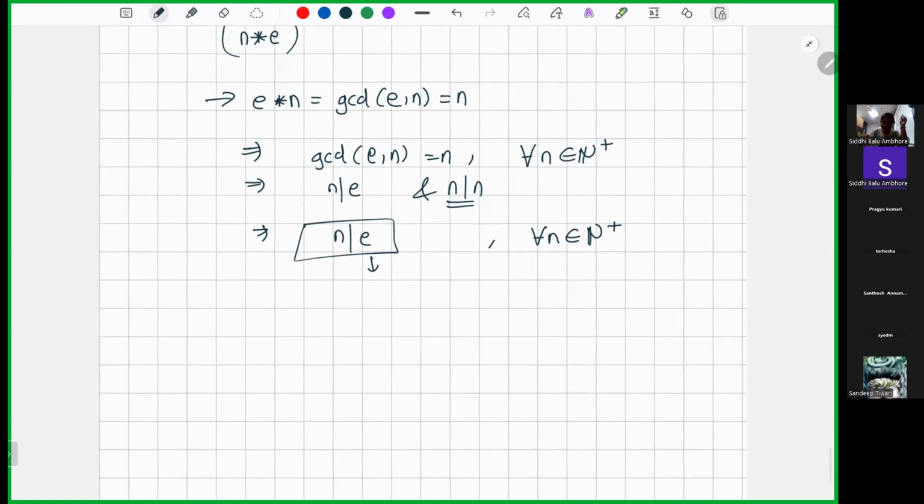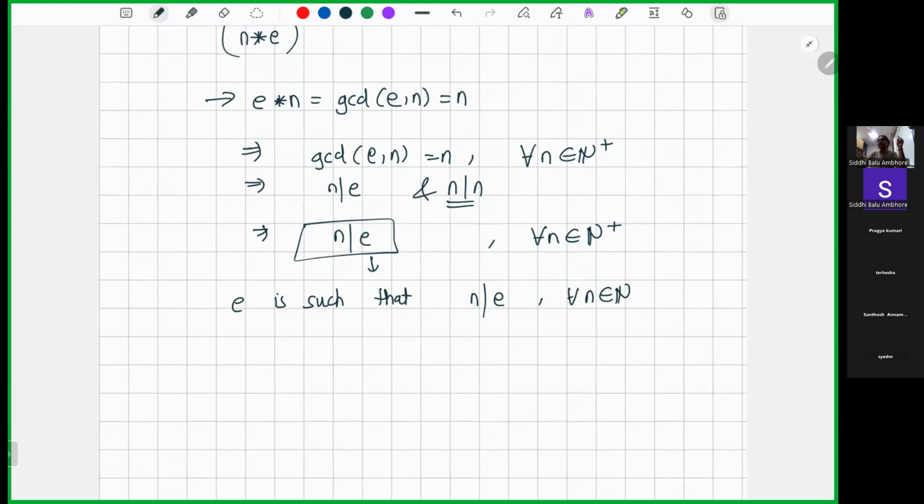So this E is such that n divides E for all n. Give me any positive integer, that integer will divide E. If the identity exists, it would satisfy this condition.